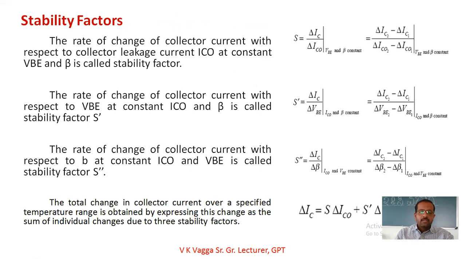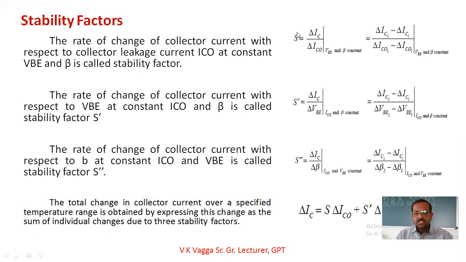Now the definition of the stability factor. It depends on the output current, the voltage VBE, and the gain beta. The rate of change of the collector current with respect to the leakage current ICO, at constant VBE and beta, is called the stability factor.